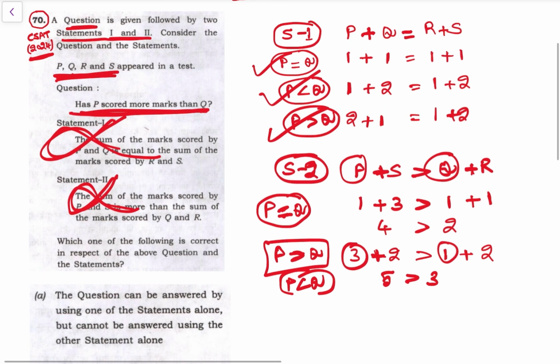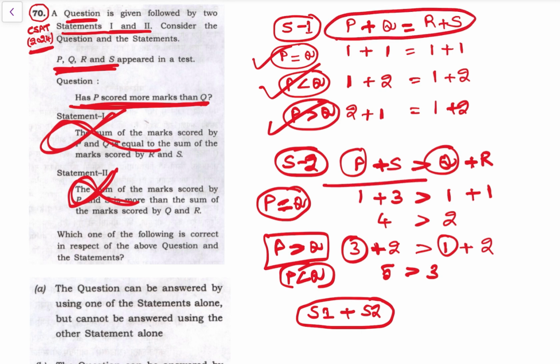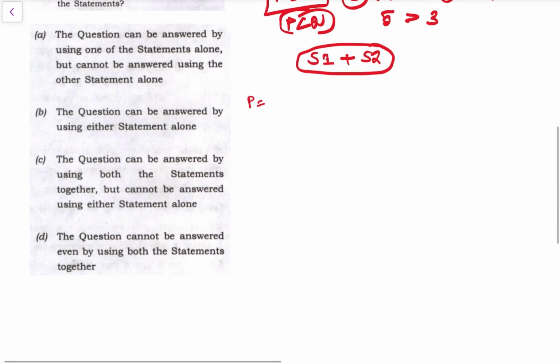Right. So now let's check with the combination of statement 1 and statement 2. Let's take values that satisfy both conditions. So one such value is where P is equal to 2, Q is equal to 3, R is equal to 1 and S is equal to 4.